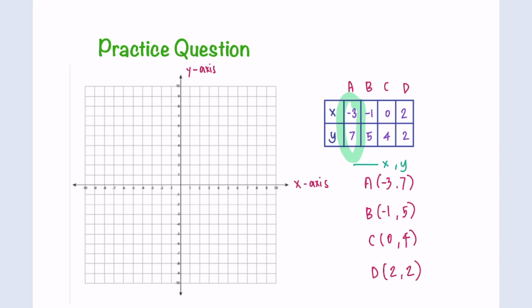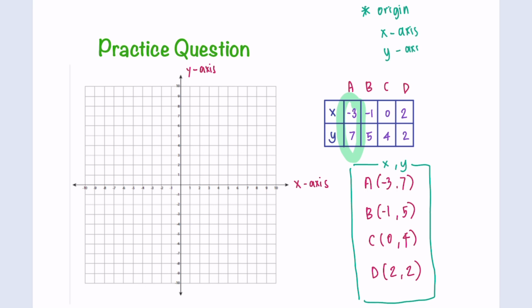Now that we have our ordered pairs, we can begin to plot them. And you would remember that you always start at the origin, then move along the x-axis, then move along the y-axis to plot the points. So let's start. For A, we begin at the origin, we move 3 steps along the x, -3, so we're moving towards the left.